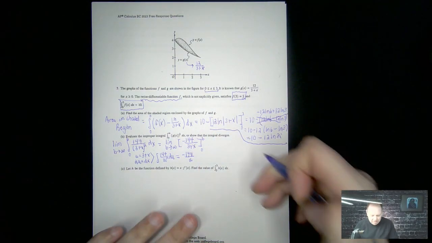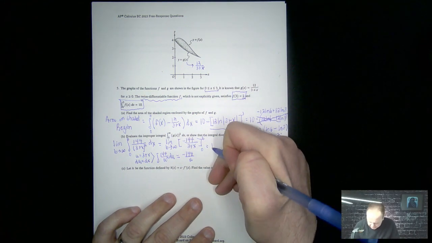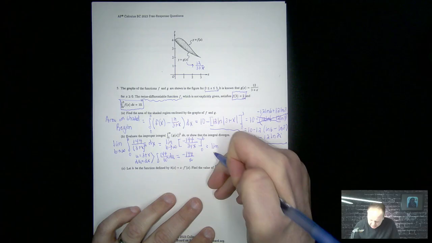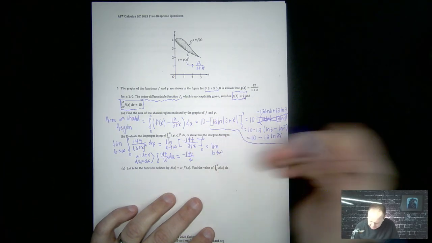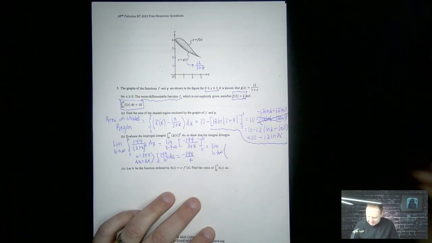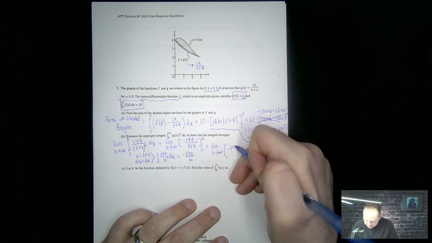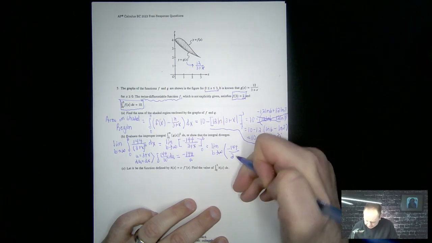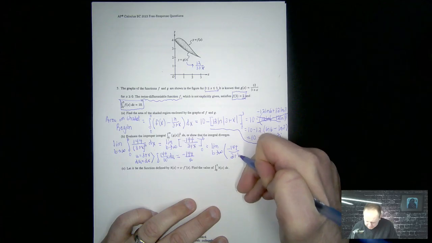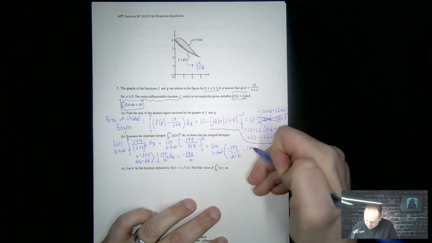Now I'm going to plug in my b, so that'll give me the limit as b approaches infinity of parenthesis, negative 144 all over 3 plus b, minus 144 over 3.